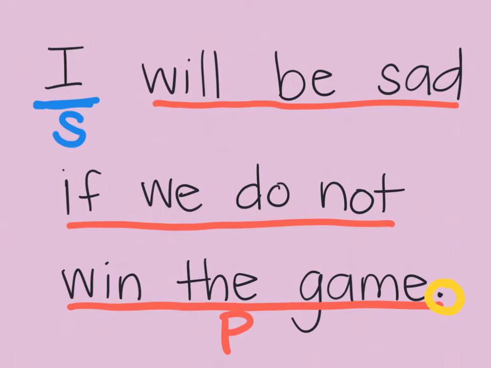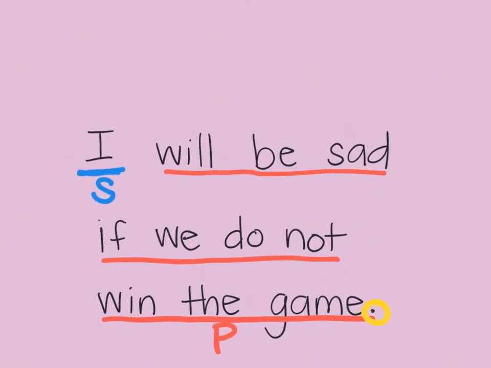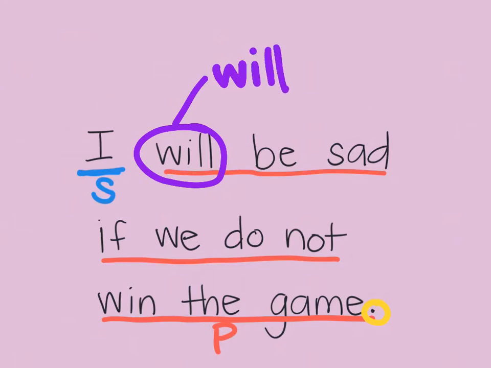Now, thinking about those short vowel sounds for A and I, the short vowel A makes the A sound, and the short vowel I makes the I sound. Do you see any words with those sounds? Take a moment. Will has a short vowel sound for I, w, I, l.